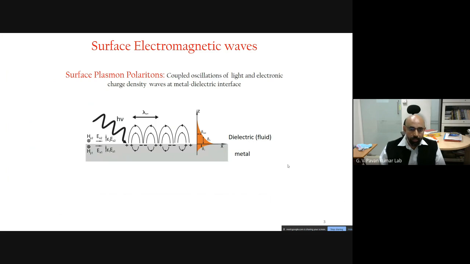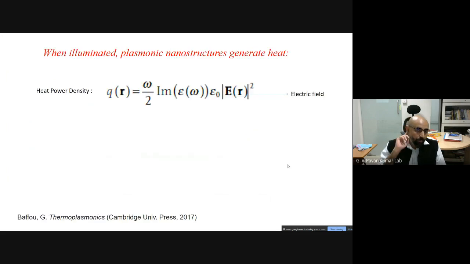Another important aspect is that when you illuminate a plasmonic nanostructure, it also generates heat. This is a very important consequence because if you consider the electromagnetic radiation and the external electric field facilitated by that illumination, the electric field couples to the metal such that the imaginary part of the dielectric constant couples to the electric field, and this coupling leads to the generation of heat.